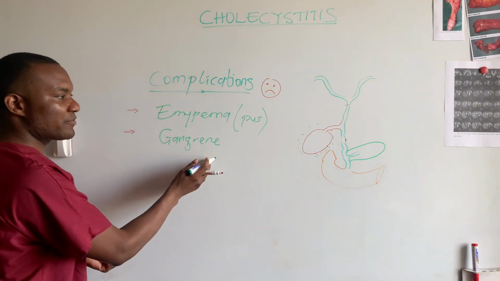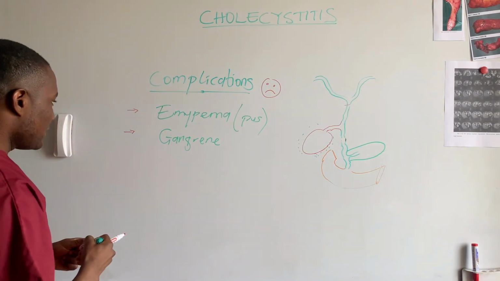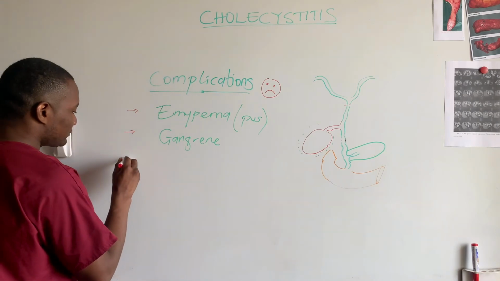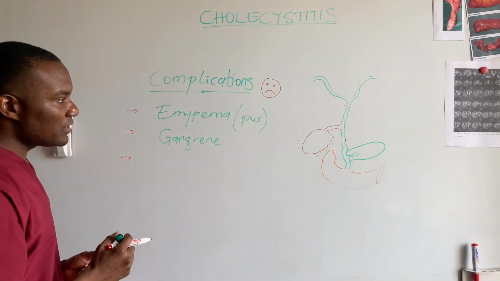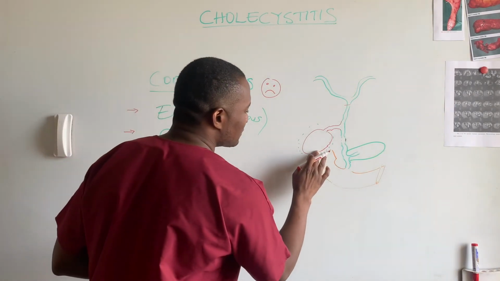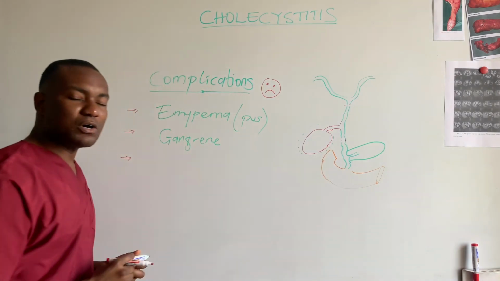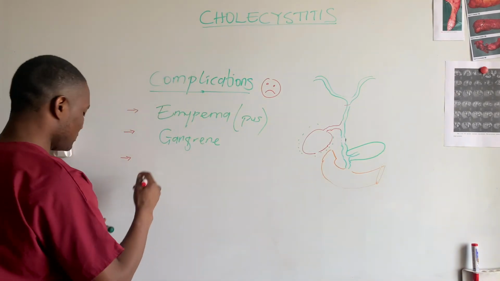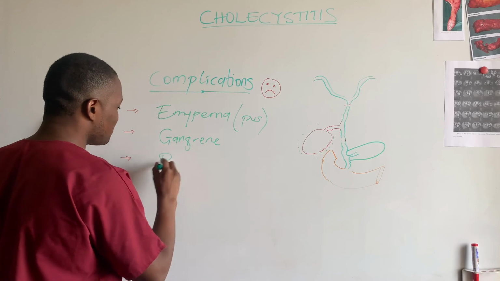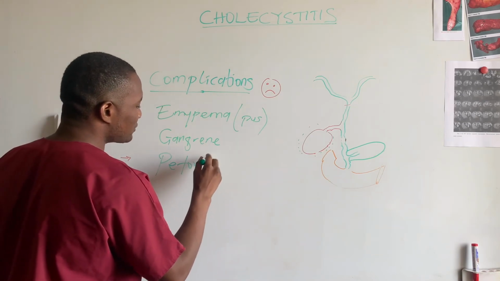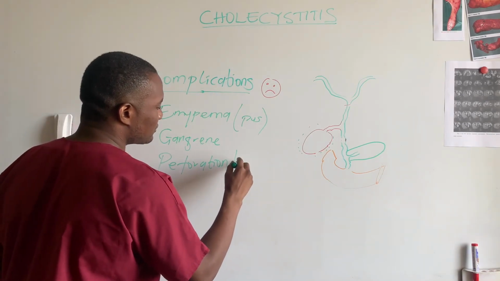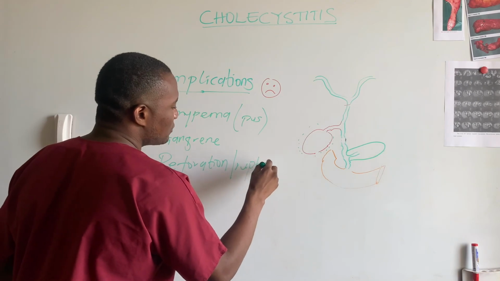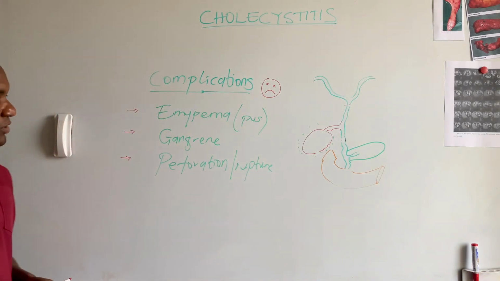So that can be gangrene. Next complication is the perforation or rupture of the gallbladder.